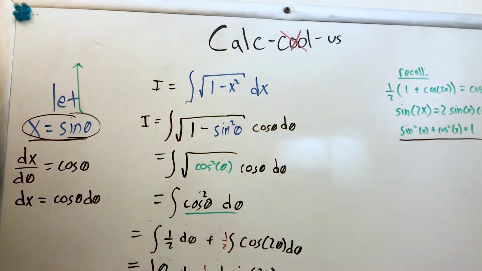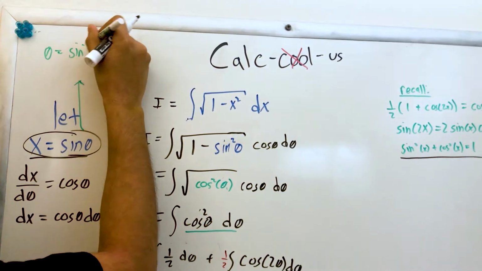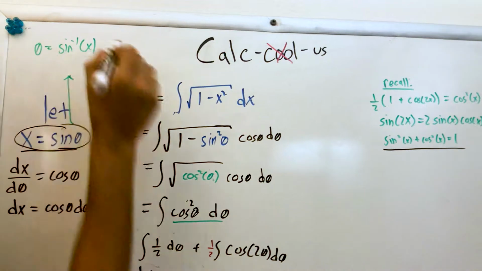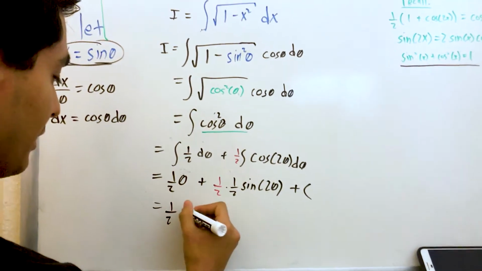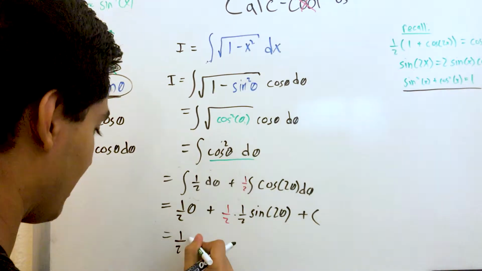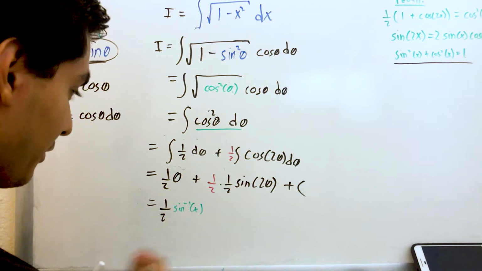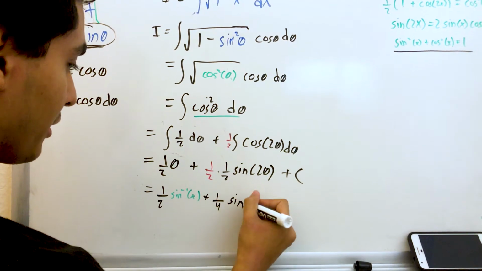You have to take the inverse sine of x. So theta is equal to sine inverse of x. So I can simply replace this theta term into each of these. This would be 1/2 times sine inverse of x plus 1/4 sine of 2 theta.